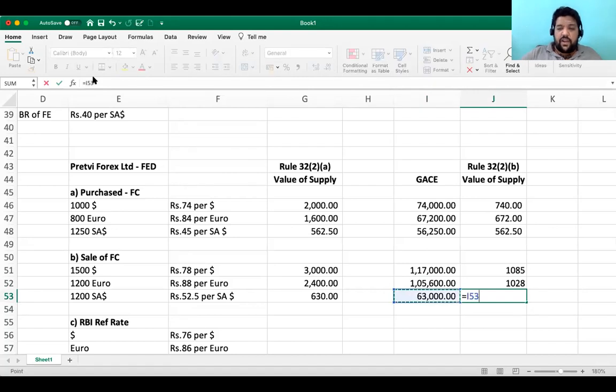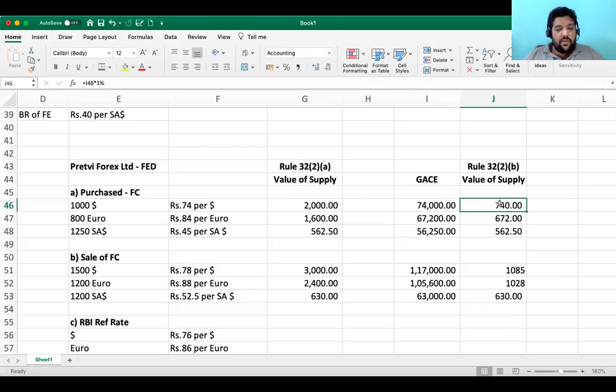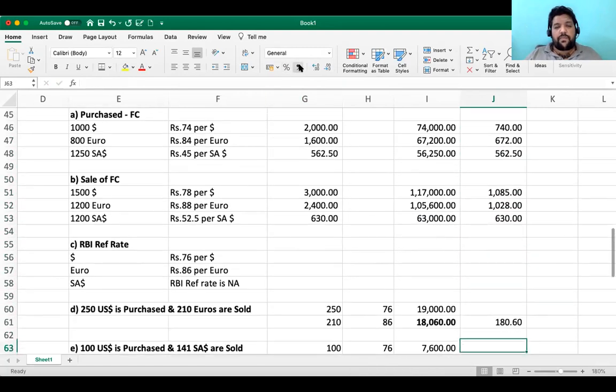This is less than 1 lakh, so this into 1%. The whole challenge you will have in this discussion is only on transaction number C. The whole discussion will come to you only on D transaction.